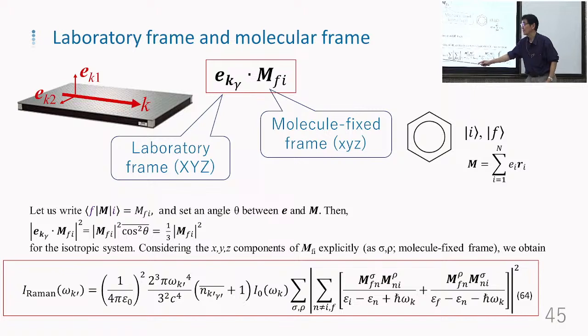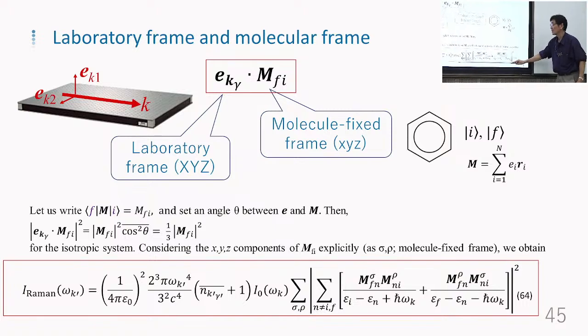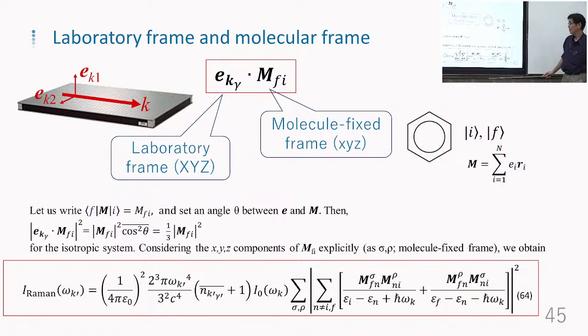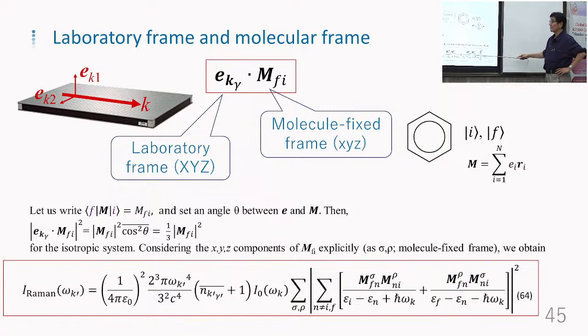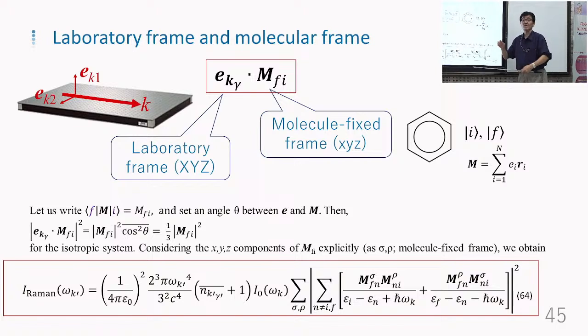Okay, so MNI, MFN is used as it is with the term of the spatial averaging, and Raman intensity is calculated from this equation. Okay, so here sigma and rho are introduced to indicate x, y, z in the molecule fixed frame.